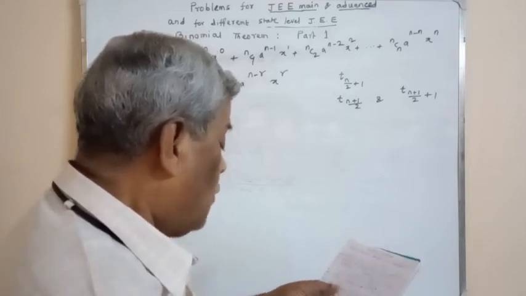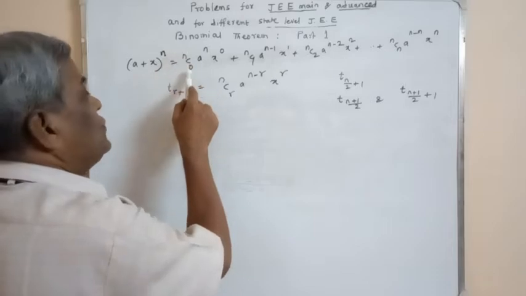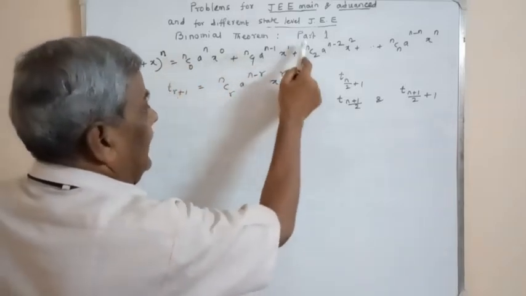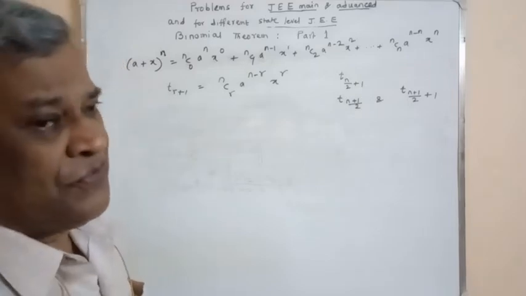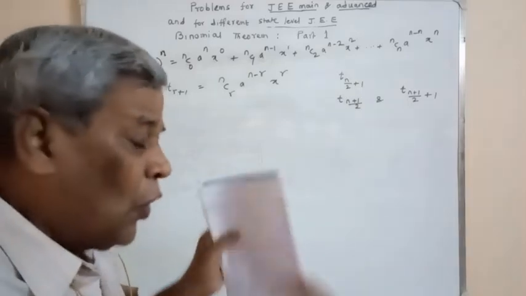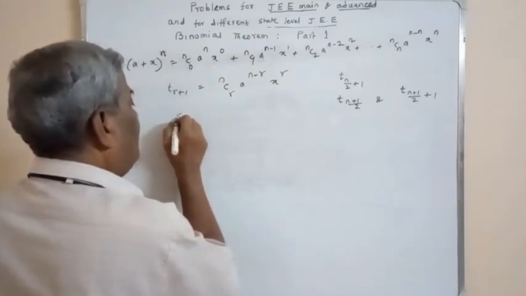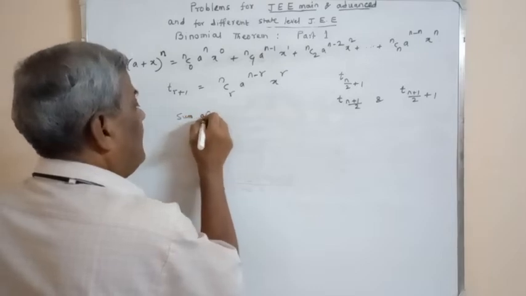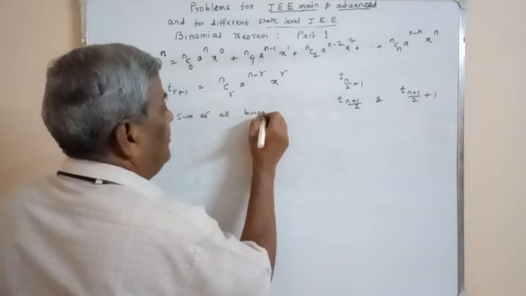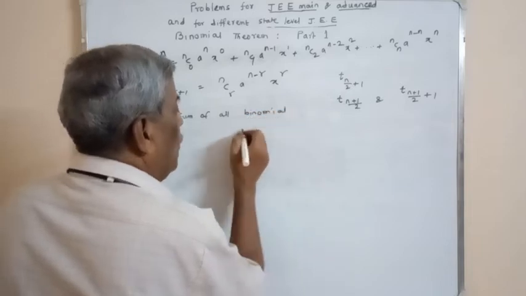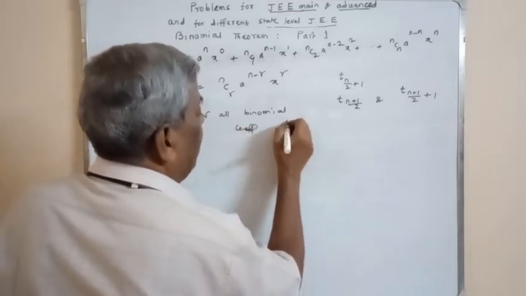The sum of all binomial coefficients, this is nC0, nC1, nC2, etc., they are known as binomial coefficients. The sum of all binomial coefficients is 2^n.